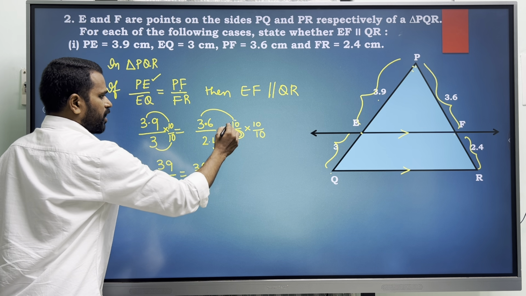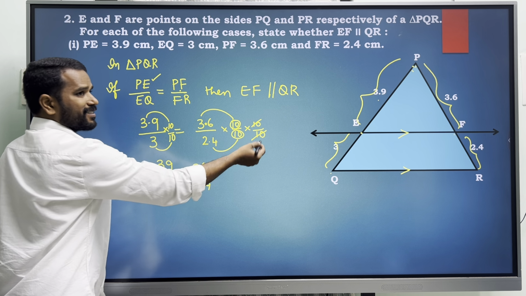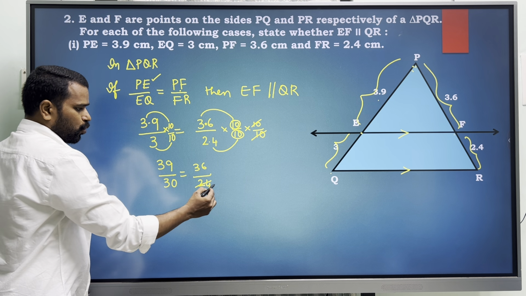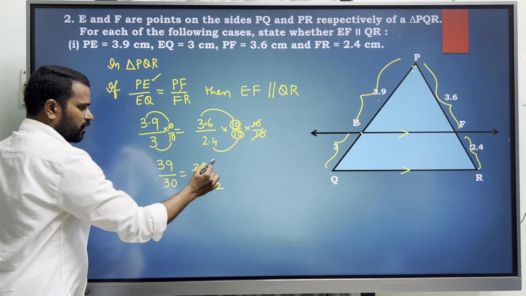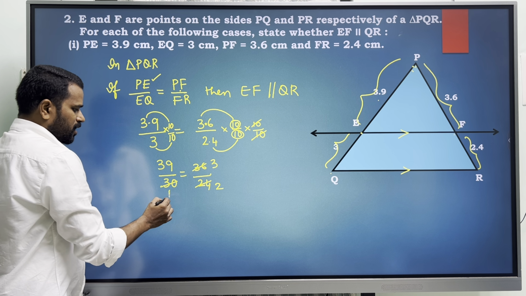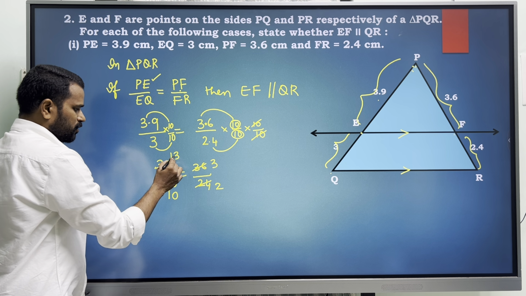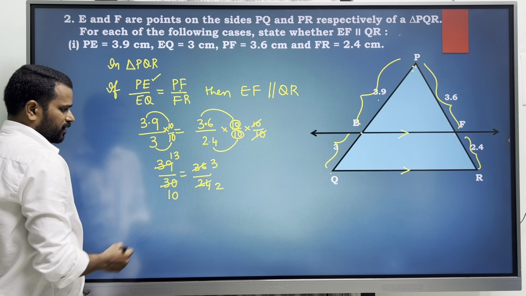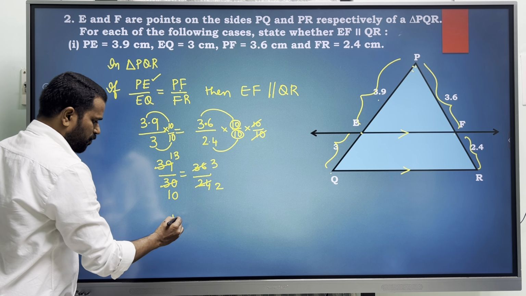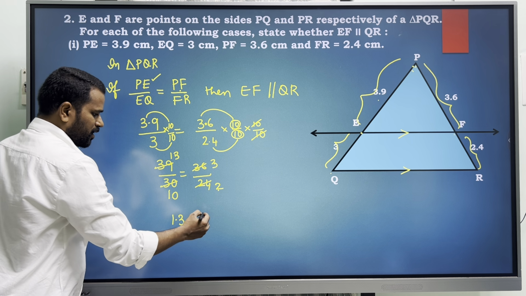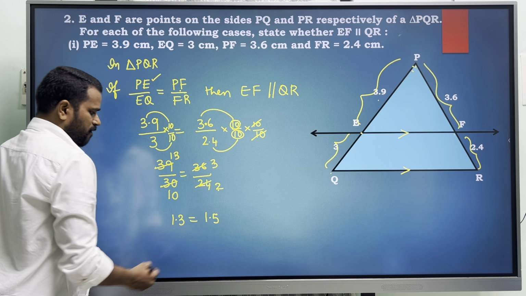These tens we have used and they get cancelled. Now see here, 12 threes are 36, so 13 by 10, which is nothing but 1.3. And 3 by 2 is nothing but 1.5.